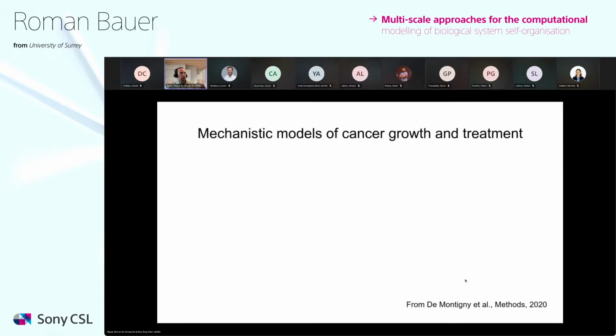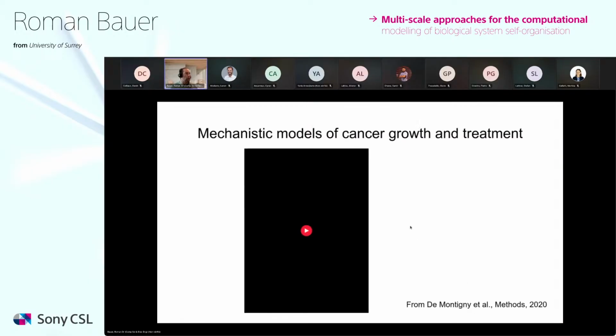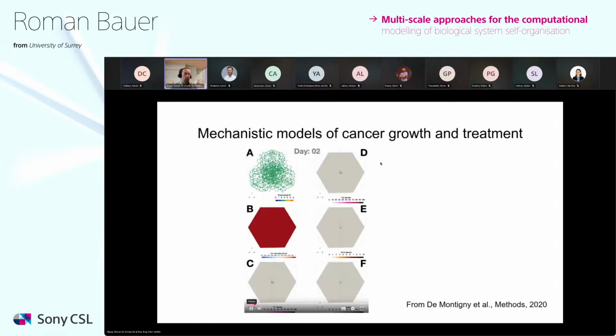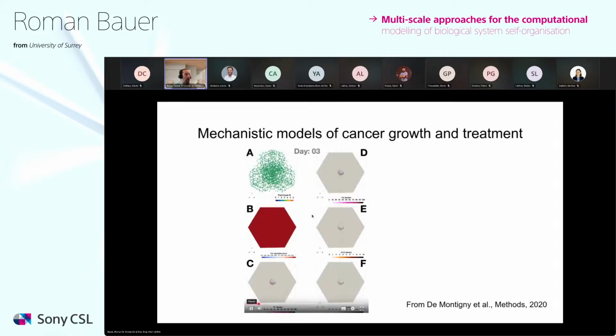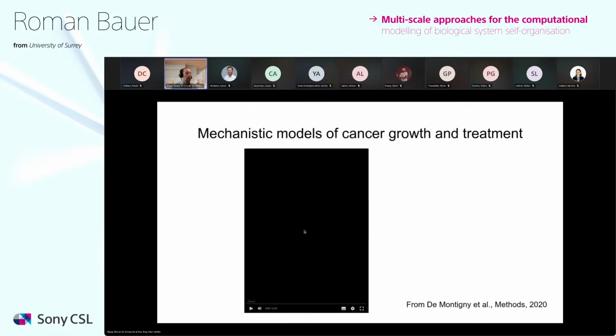Then just to give another example, we also work in the consortium on cancer, and in this paper that we published a few years ago by a previous PhD student of mine, Jean de Montigny, we simulated in 3 dimensions how cancers grow, but also how the distribution of oxygen in 3 dimensions evolves over time, or the density of necrotic cells.